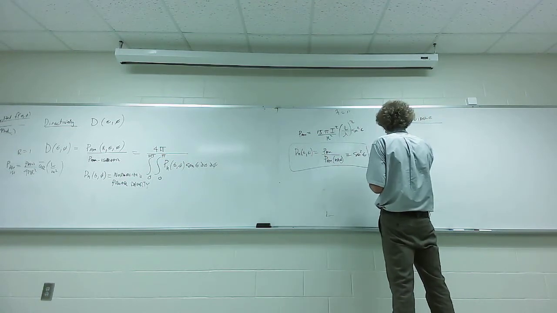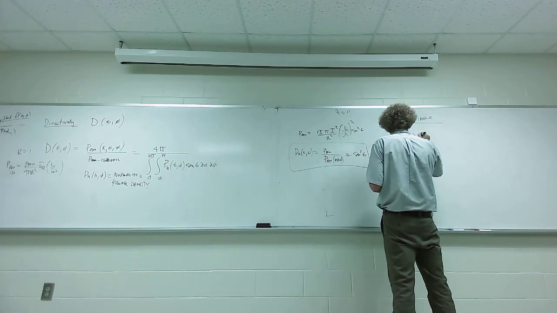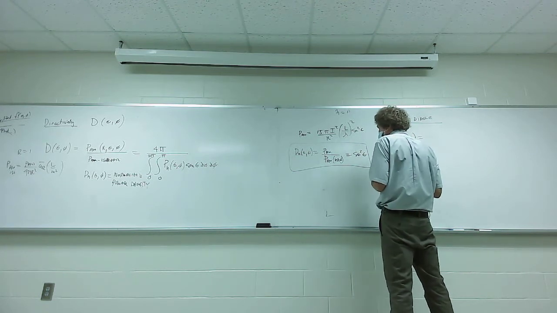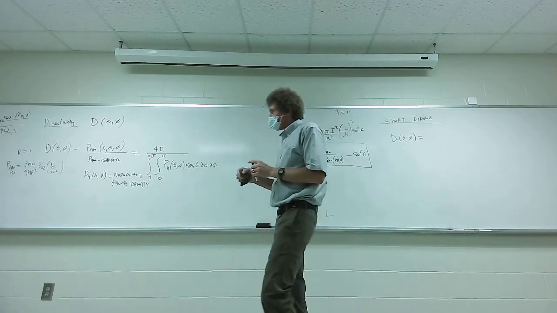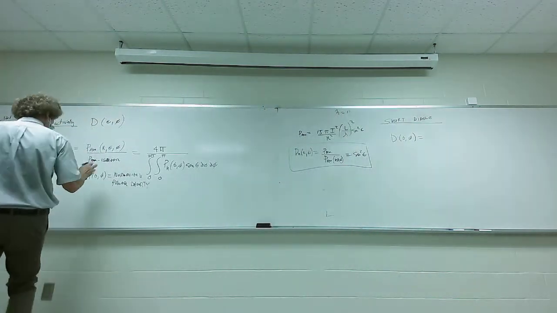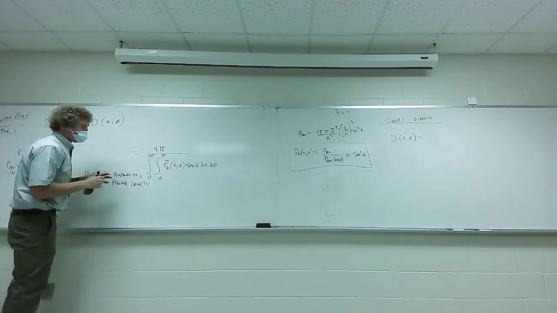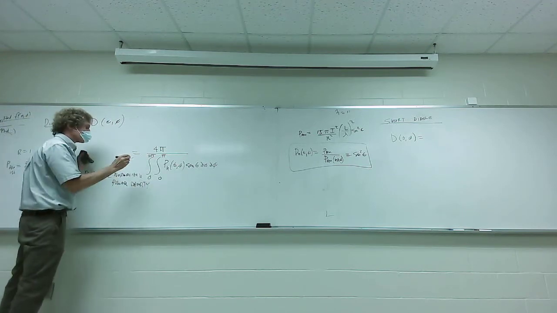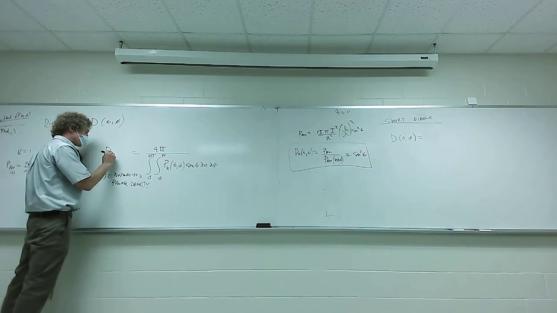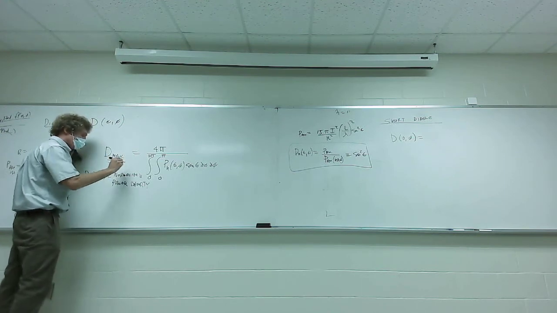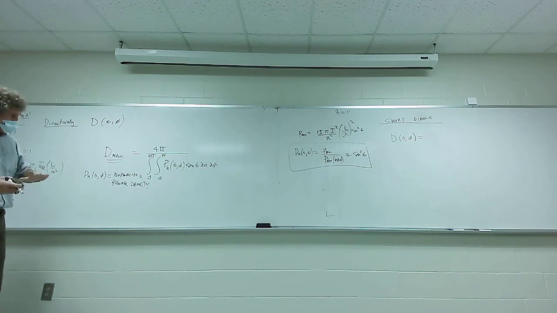Then you can say the directivity of a short dipole. And I want to make one point here. For this particular thing, this would be the maximum directivity. So put down max here. This is the value of the max.